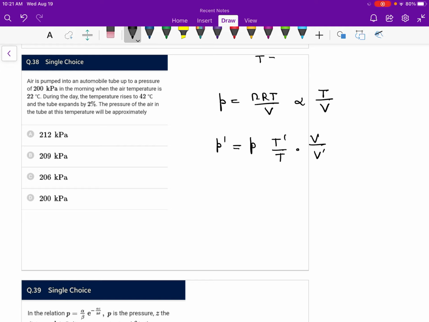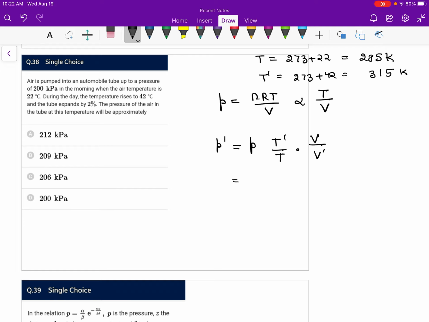So T is 273 plus 22, which is 295 Kelvin, and T dash is 273 plus 42, so this is 315 Kelvin.